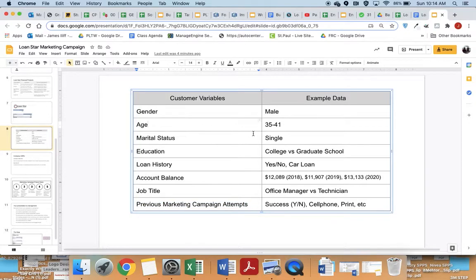So for instance, let's look at an example setup here. You might look at a customer and see that the customer is male. You might look at the age of that customer and they fall within 35 to 41 years old. The marital status, you might see that they're single versus married versus divorced.